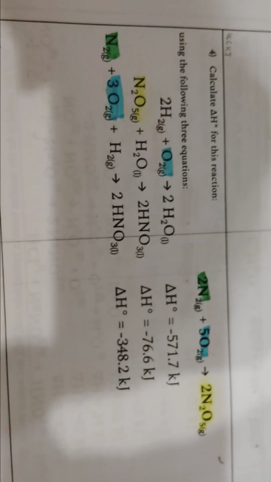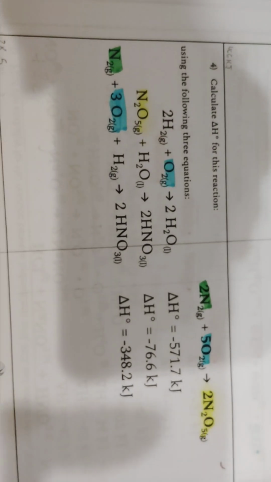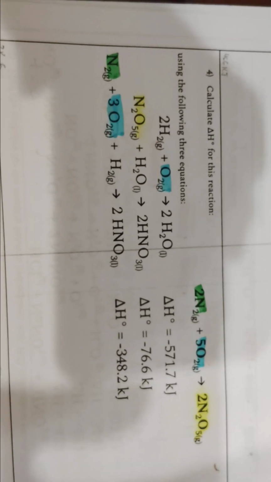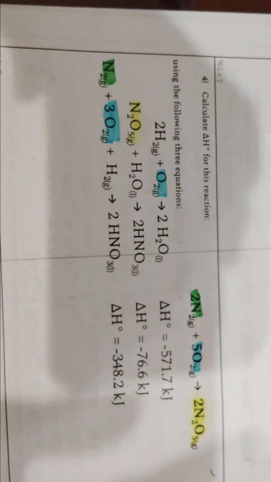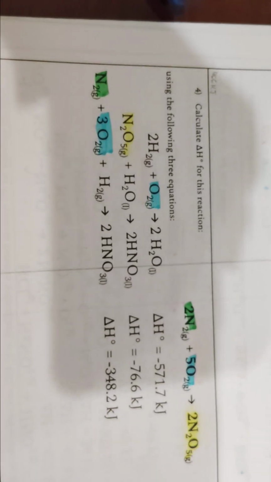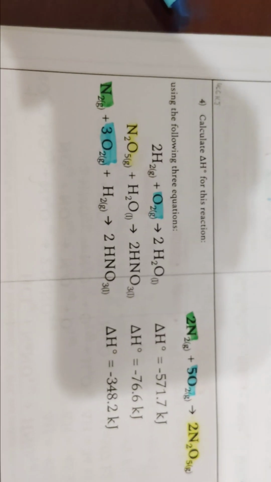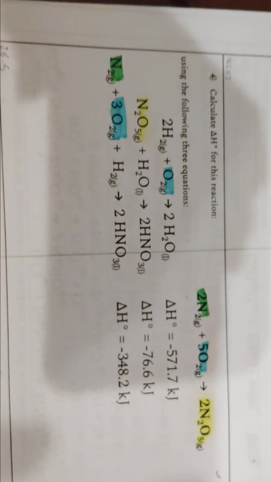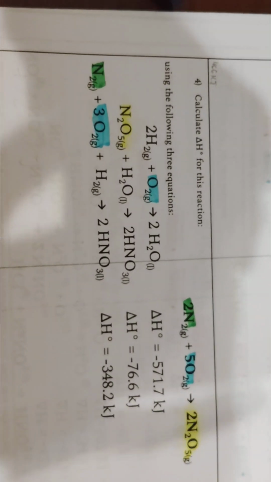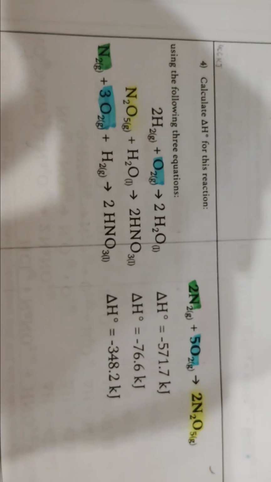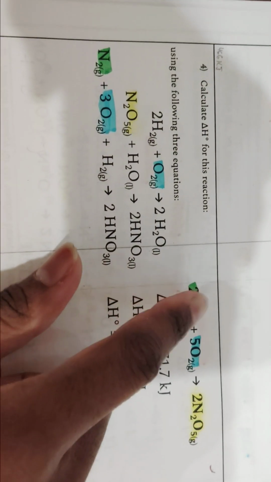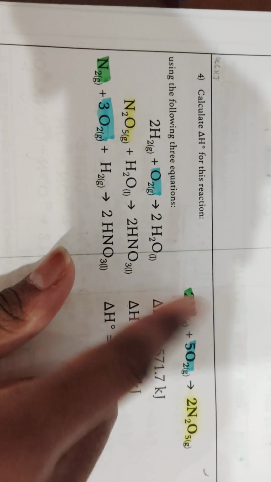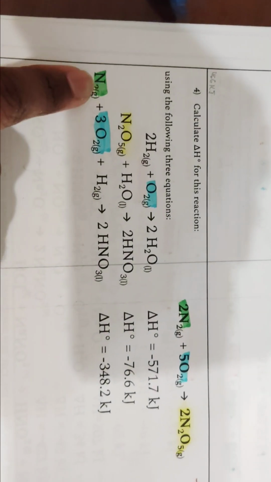Now that we have those, we're going to isolate the equation that has an element in one equation alone. Let's do the N2 first. We see that we need 2 N2 on the reactant side in the problem that we're trying to get to, and we only have 1 right here.